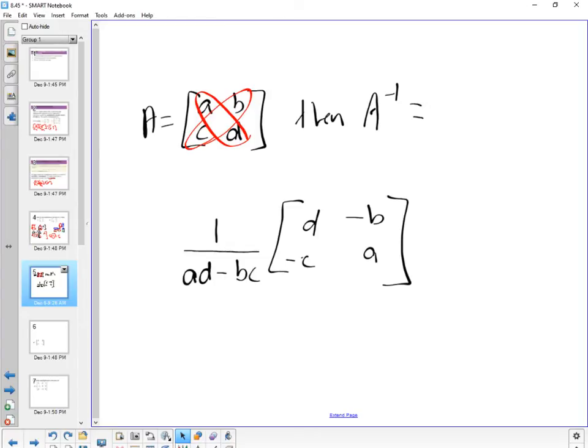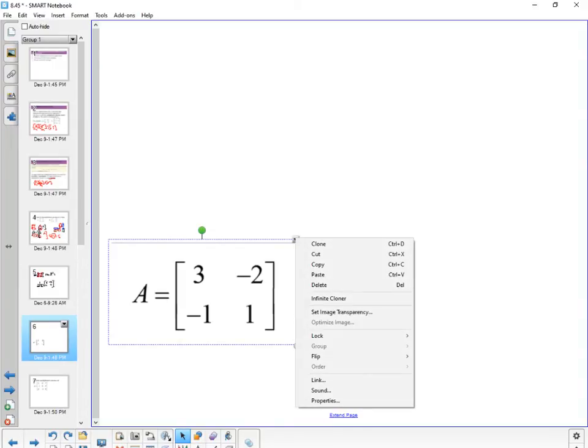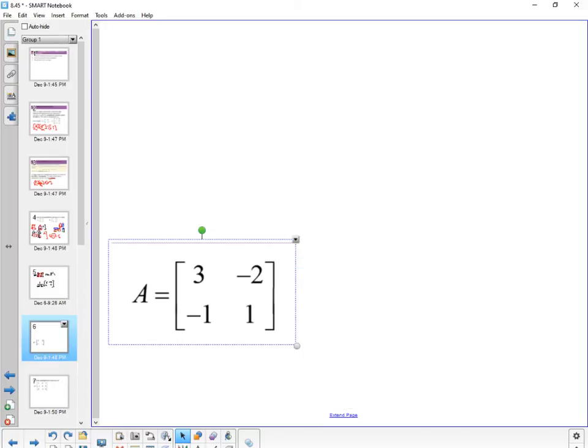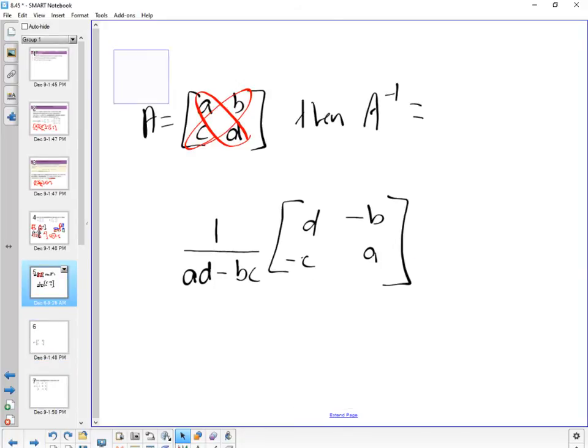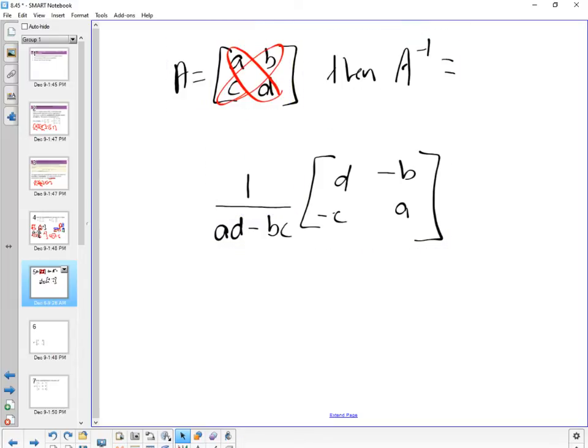We're going to take the matrix and multiply it times that. We're going to go through this process, correct? So here's my matrix, and I want to go through this process.